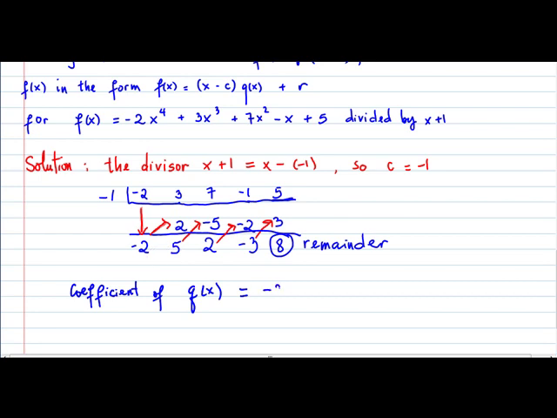So we have minus 2x cubed plus 5x squared plus 2x minus 3.